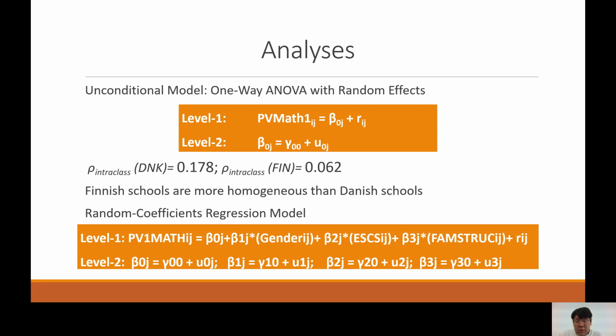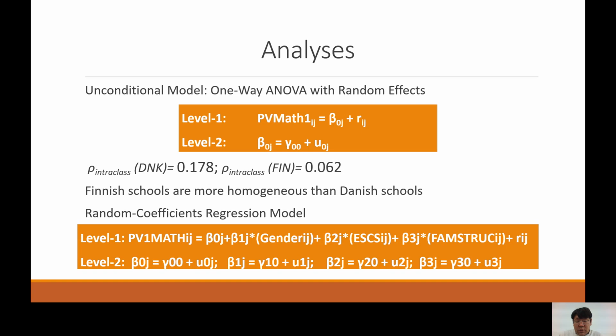So intraclass correlation in Denmark was nearly 0.2, but intraclass correlation in Finland was 0.06. So Finnish schools are more homogeneous.